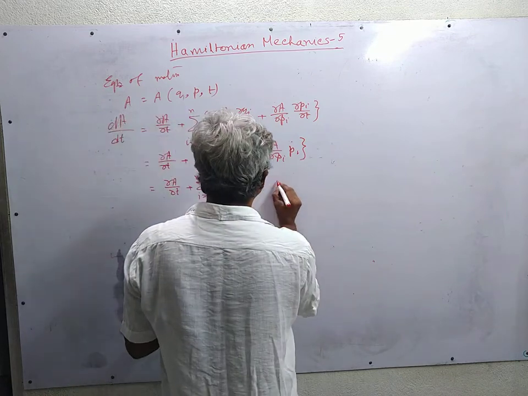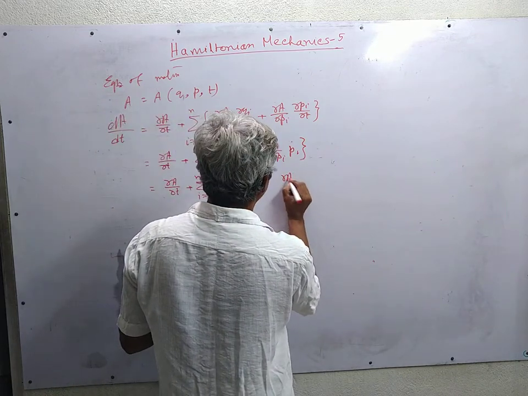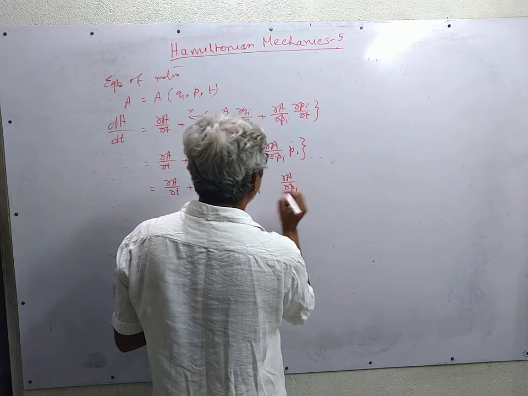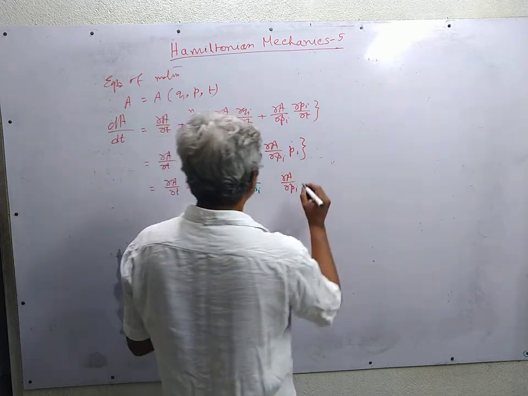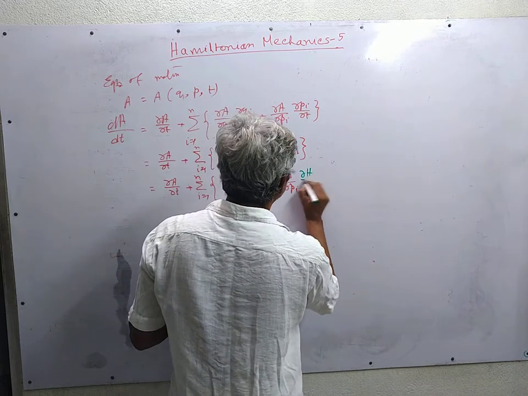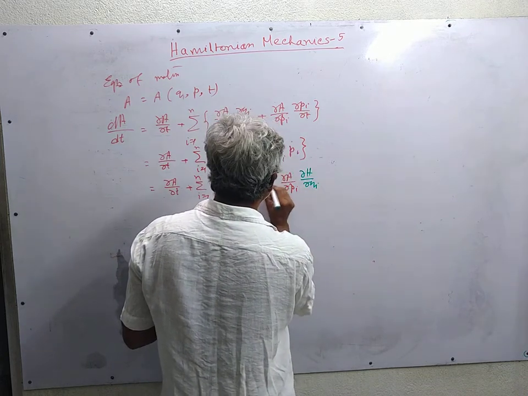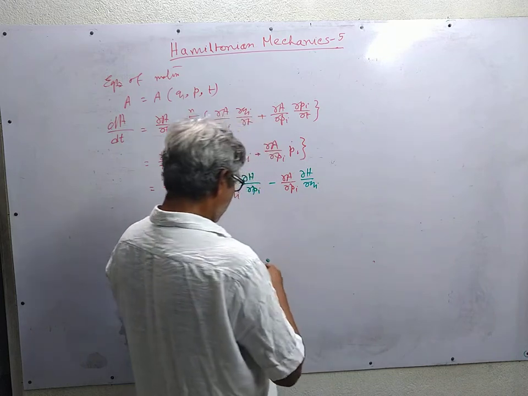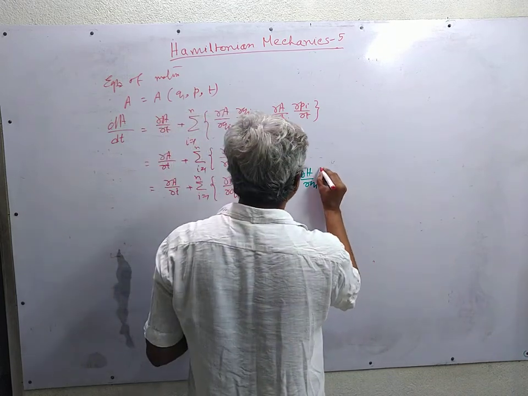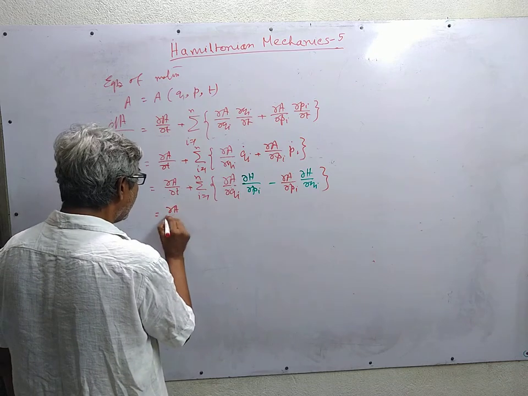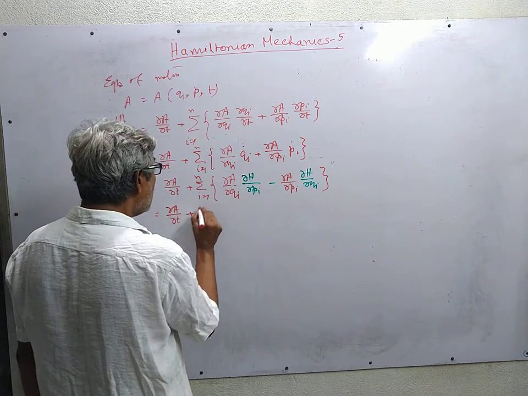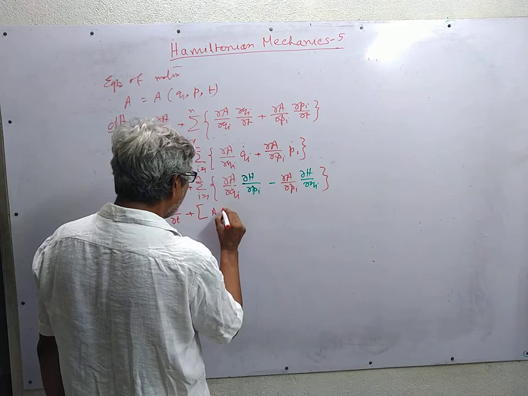Then this part is del A del p_i, and for p_i dot we have del H del q_i with a negative sign. So this is the Poisson bracket. So this is del A del t plus the Poisson bracket of A with H.